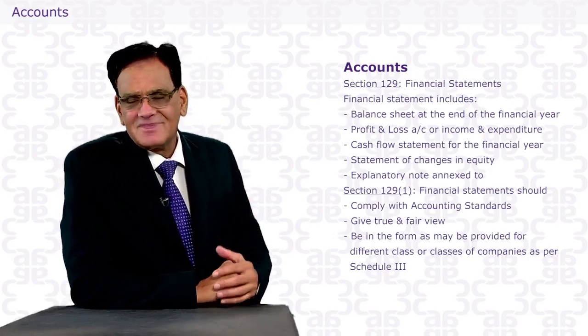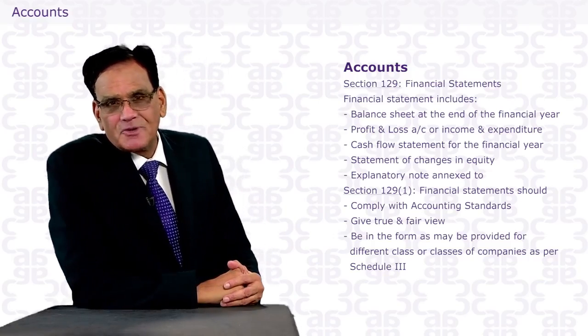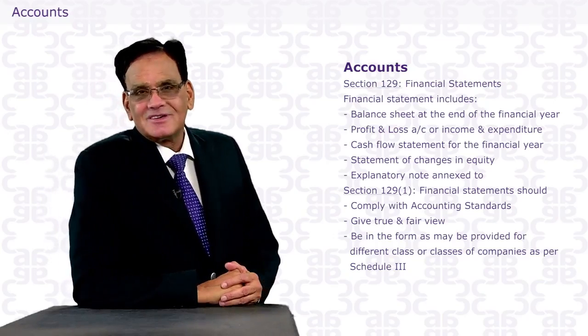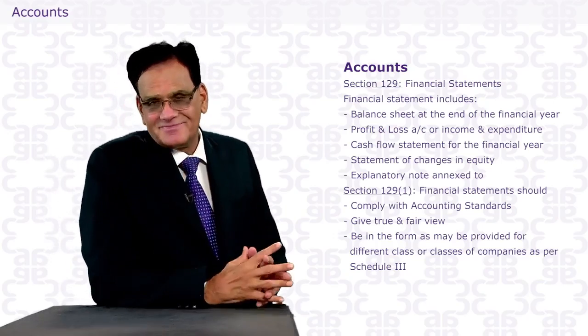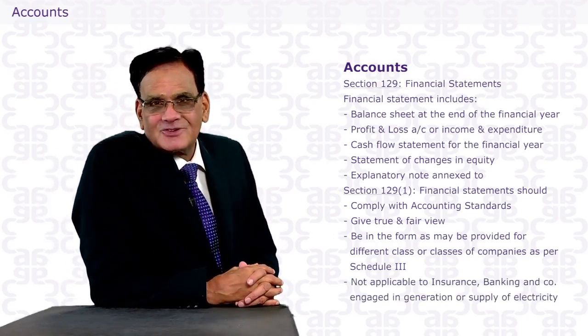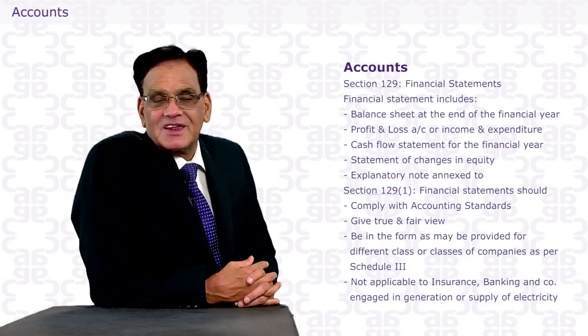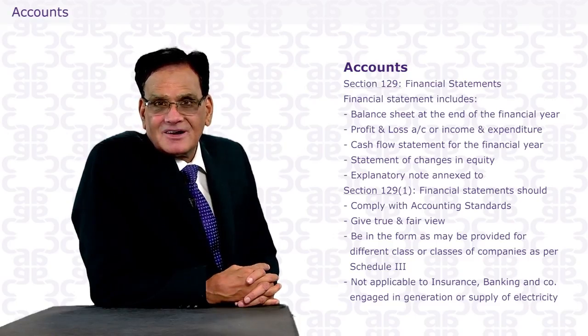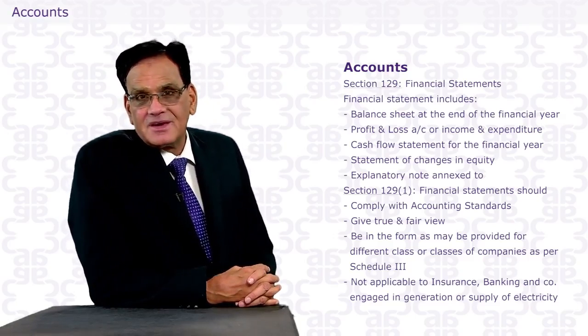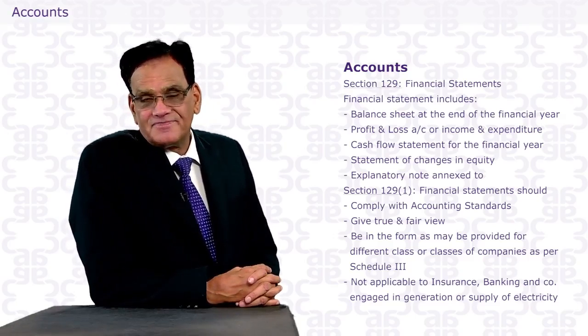So therefore the law provides the exception. The law says that this section will not apply to the electricity company, to the generation and the distribution of electricity, to the insurance company, and to the banking company, or to any other company under the law.